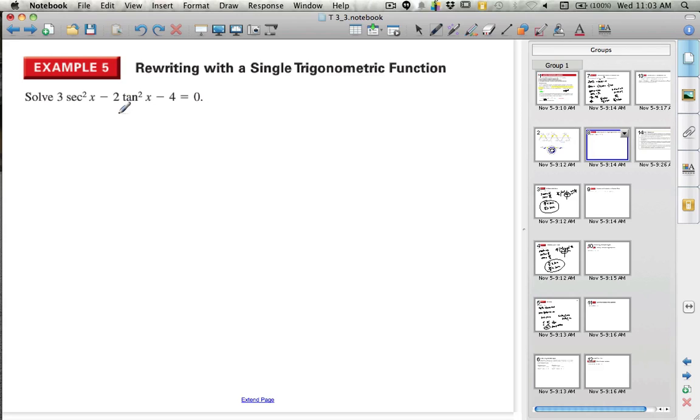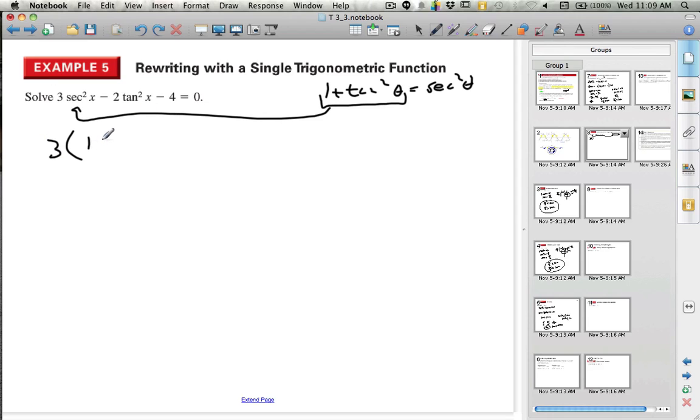But what I'd probably want to do is go back and look at my trig identities. From the trig identities, I know that 1 plus tangent squared theta is equal to secant squared theta. So if I substitute this in place of secant squared, I get 3 times 1 plus tangent squared x minus 2 tangent squared x minus 4 equals 0.